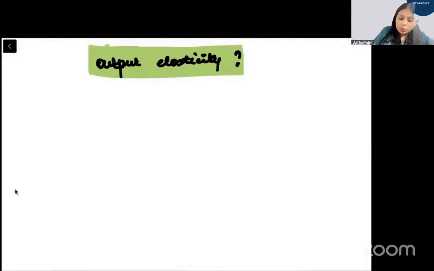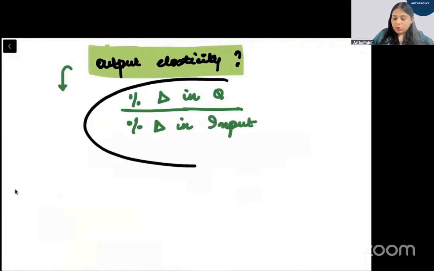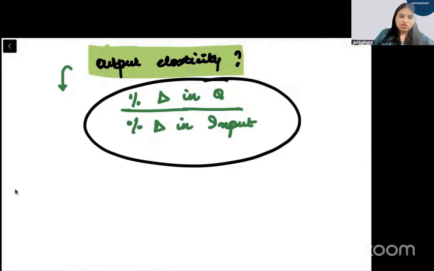See, output elasticity basically tells me what is going to be the percentage change in output when there is going to be a percentage change in input. So, output में कितना change आएगा जब input में change आएगा, that is basically your output elasticity, right?